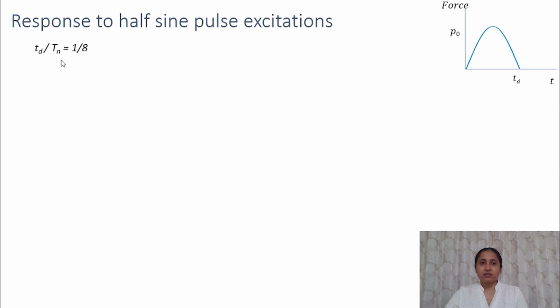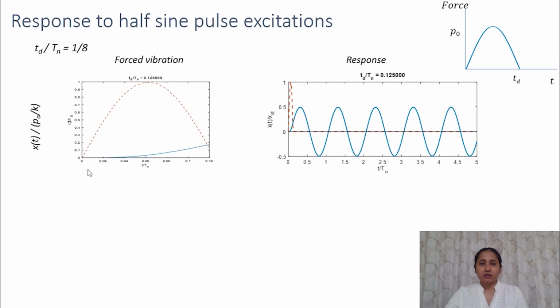When Td by Tn is equal to 1 by 8, the response of the system is like this. This is the normalized response, that is, the dynamic response x(t) divided by the static response amplitude, P naught by k.